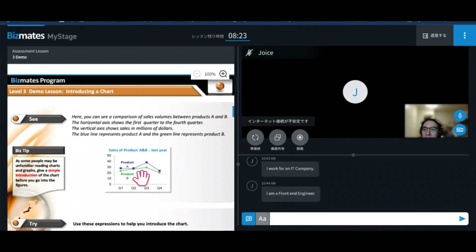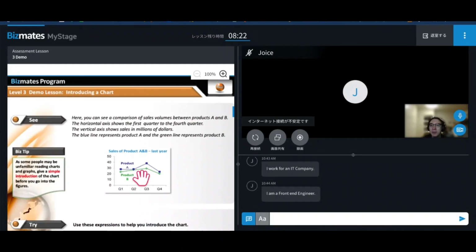So this is how your lessons will look. As we mentioned earlier, there is a See part. Why don't you go ahead and read the See part for me? Yes, please read it aloud. Here you can see a comparison of sales volumes between products A and B, blue and green.